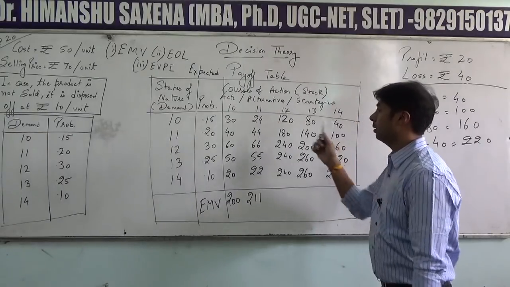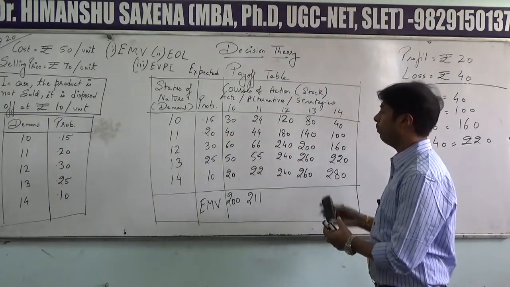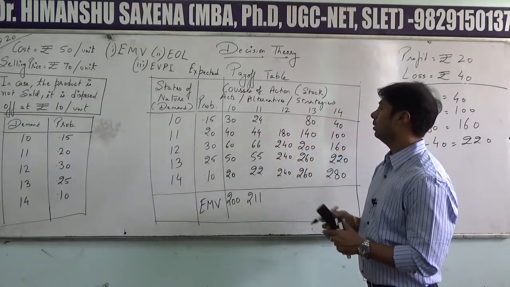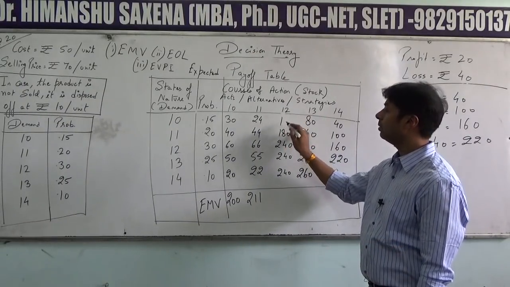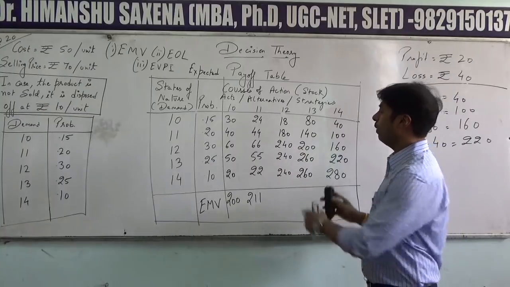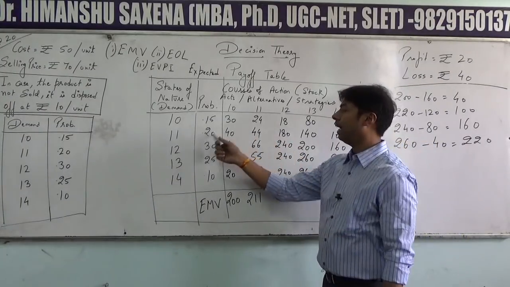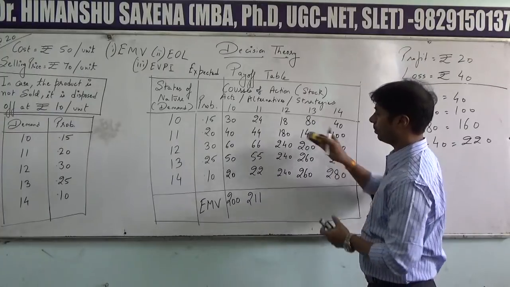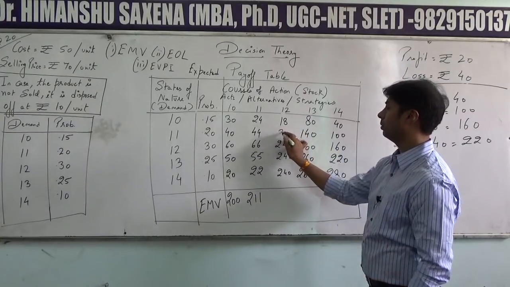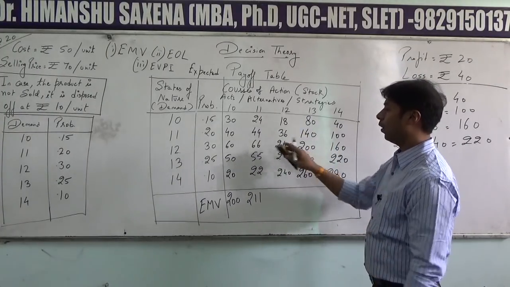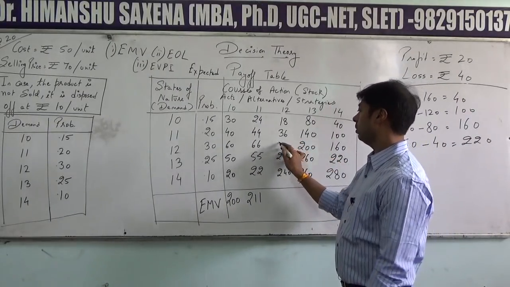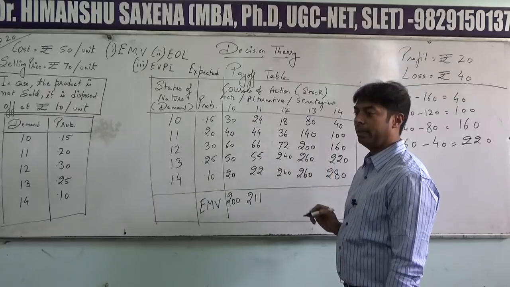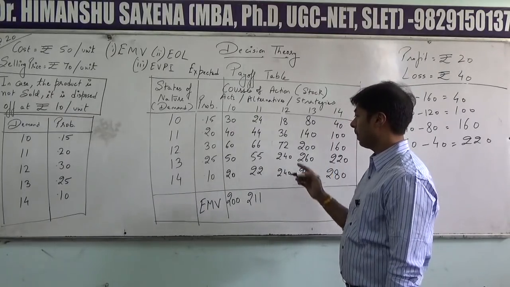Now similarly, 120 multiplied by 0.15 will give you 18. 180 multiplied by 0.20 will give you 36. 240 multiplied by 0.30 will be 72.